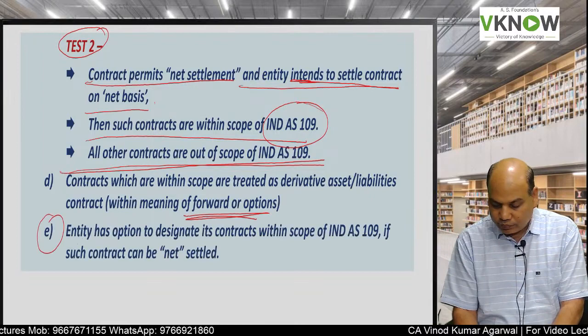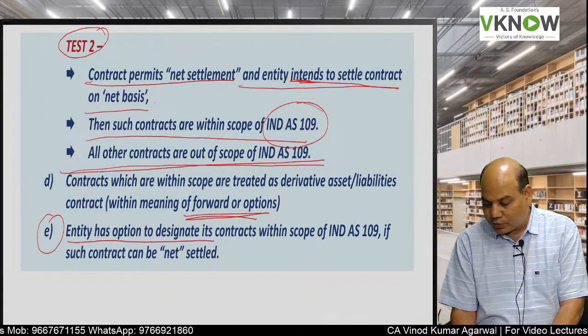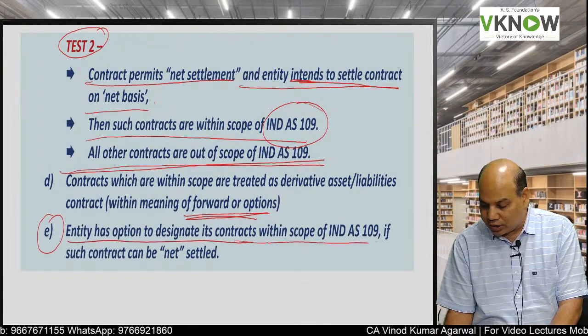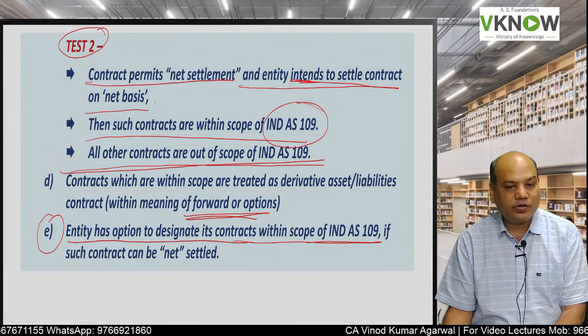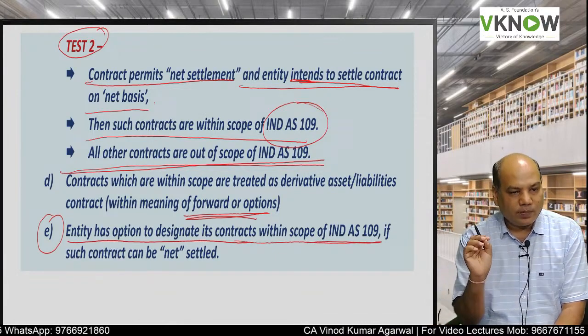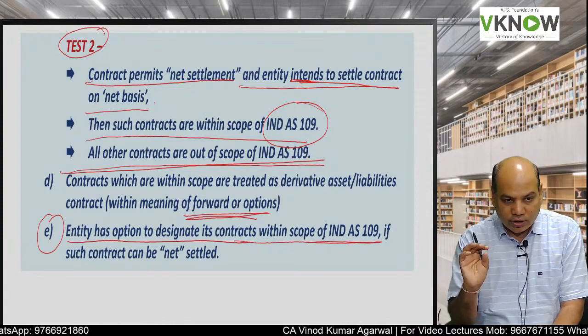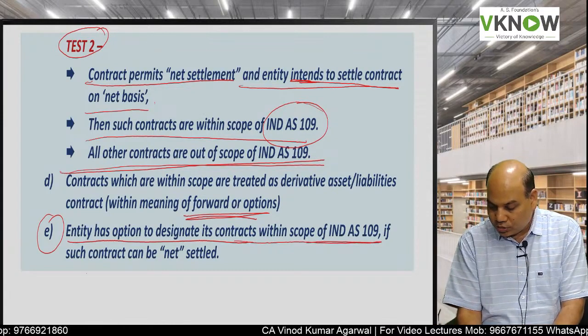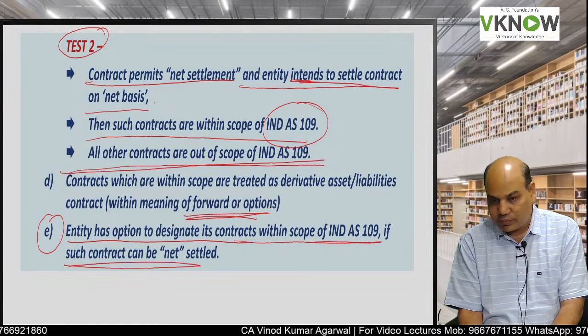Point number E, entity has an option to designate its contract within the scope of IND AS 109. So one more situation when you can apply 109, when there is a choice to settle on net basis.